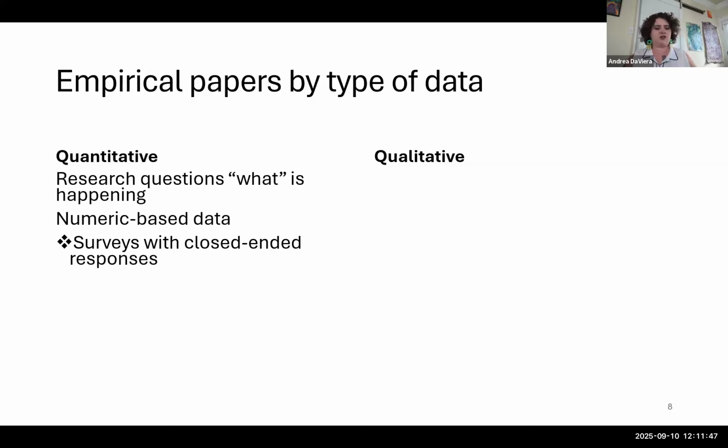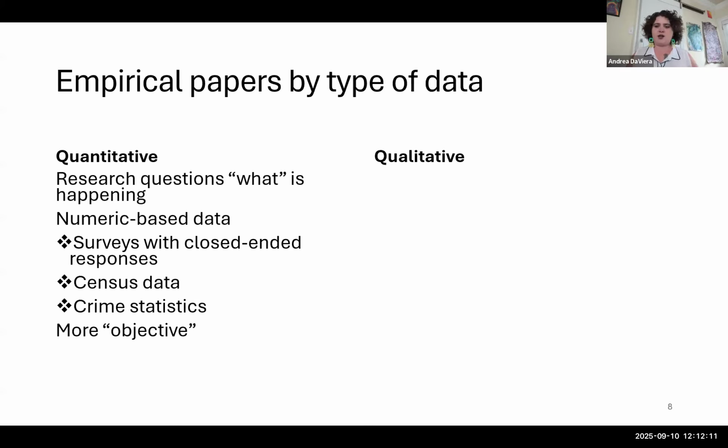Strongly agree to strongly disagree. That would be a way of numerically coding those responses and then analyzing that. Census data is also another great example of numeric-based data. Let's say you're looking at numbers of population and different demographics within that population. Crime statistics are another one. Again, we're thinking of numeric-based data.